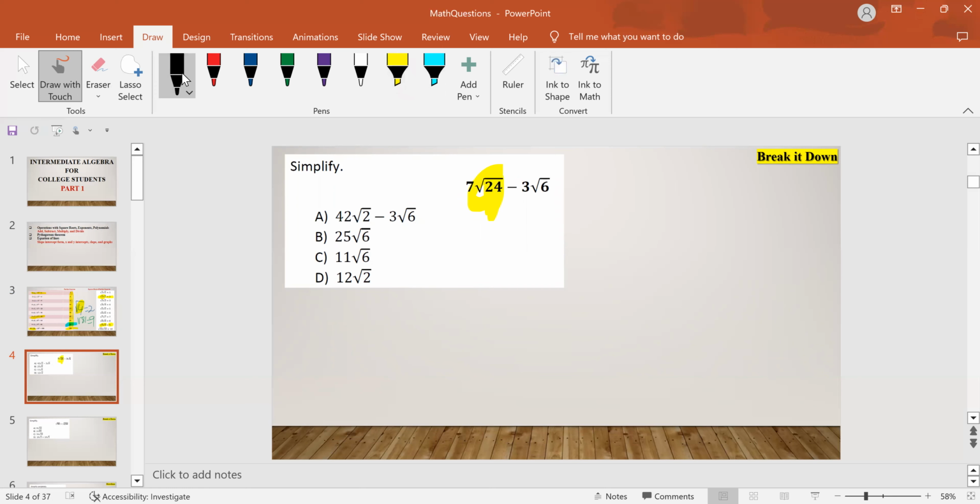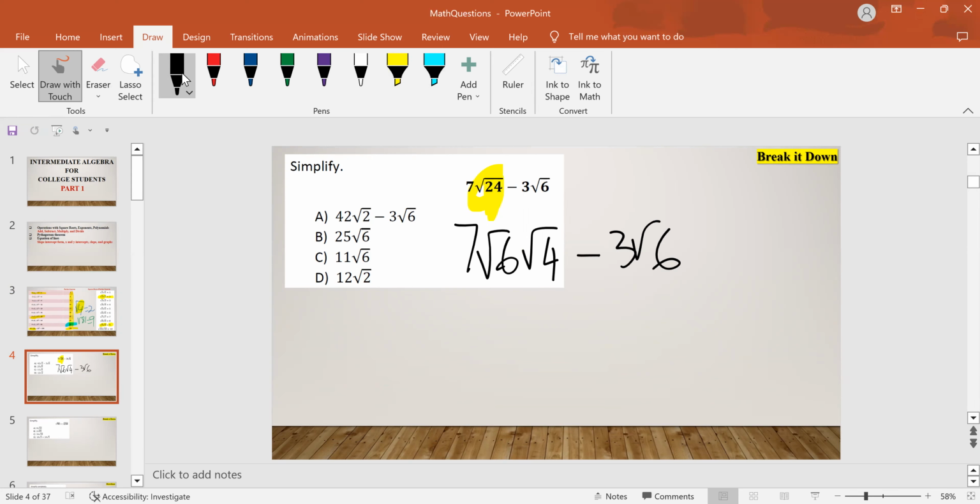So this is the same as 7 multiplied by the square root of 6 multiplied by the square root of 4, minus 3 square root of 6. You have to understand that 24 is not a perfect square, so I cannot find the square root of 24 as a regular number. That's why we need to break it down.